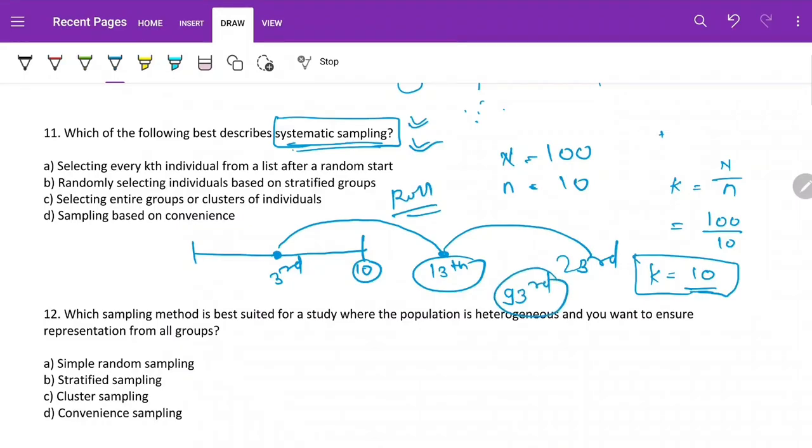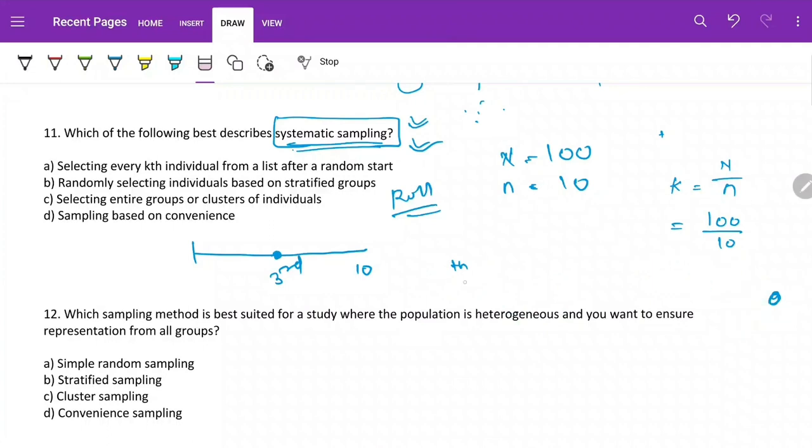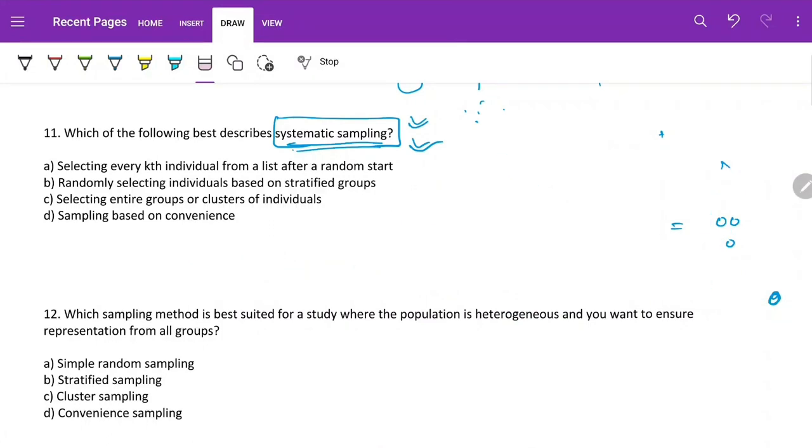This way we get a sample size of 10 students automatically. And this is the procedure of the systematic sampling method. We use systematic sampling when we have the population in the form of a list.